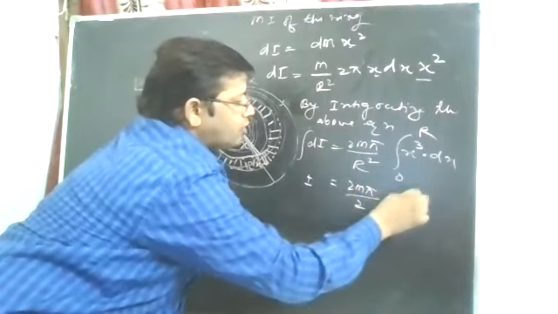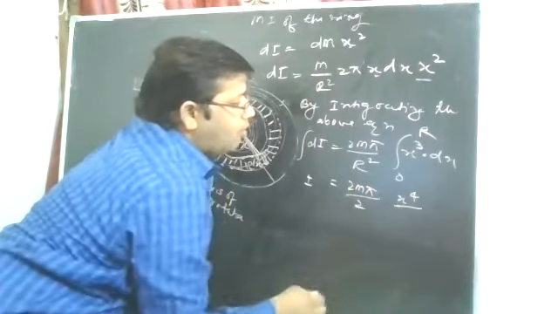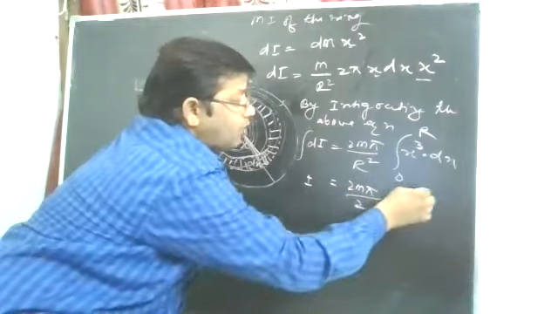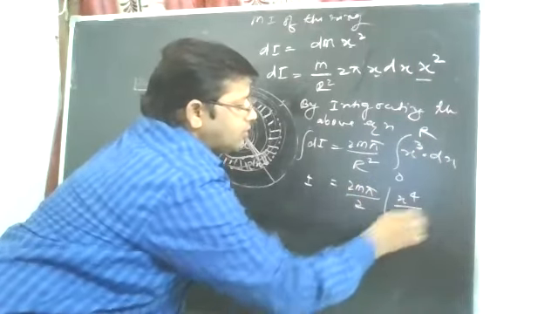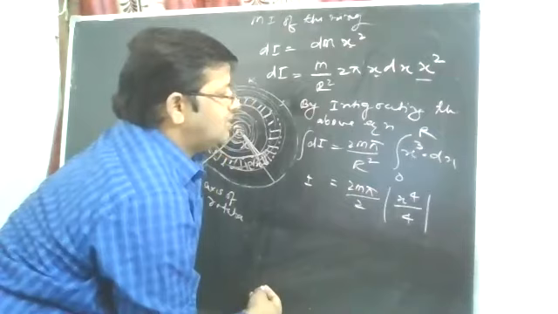The integration of x cube is x to the power 4 upon 4, the power increases by 1 unit.